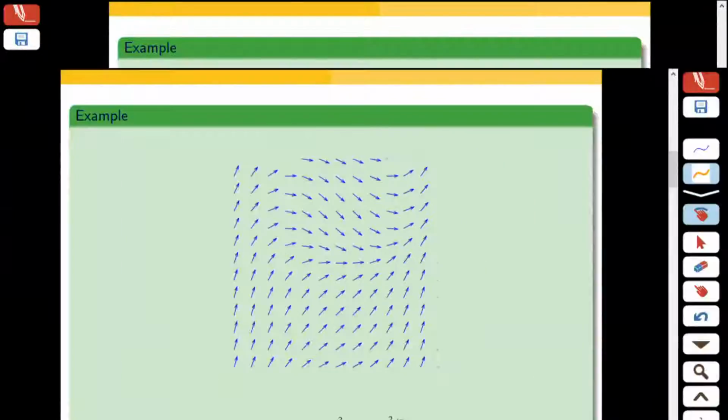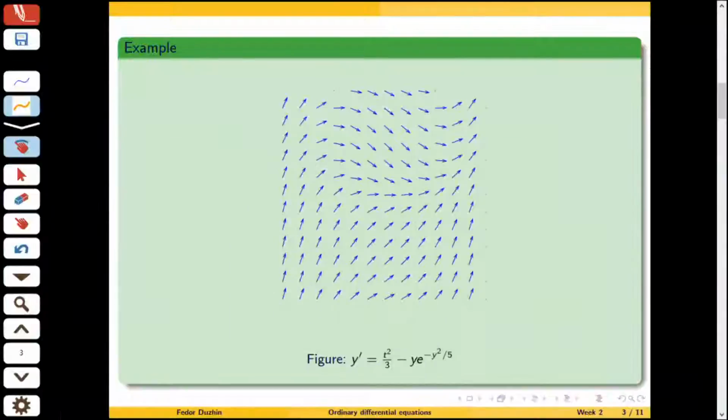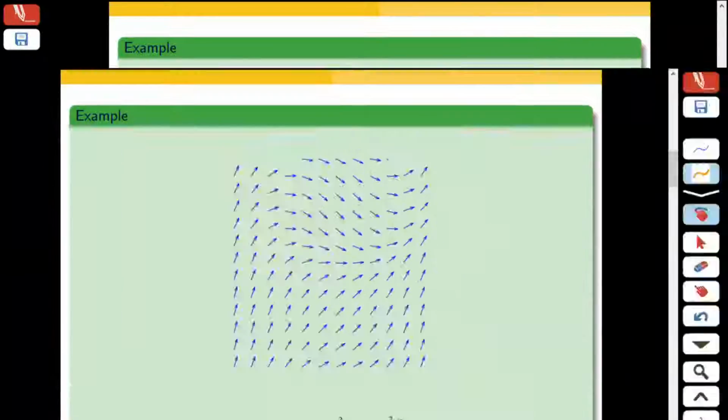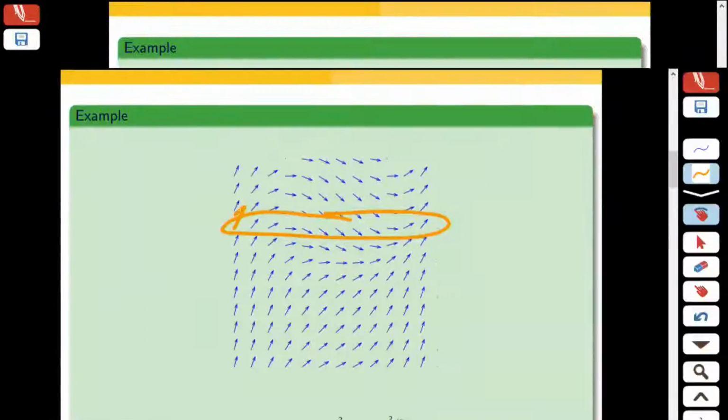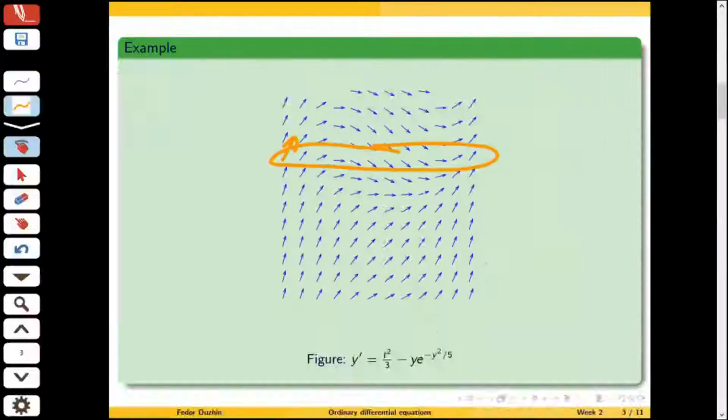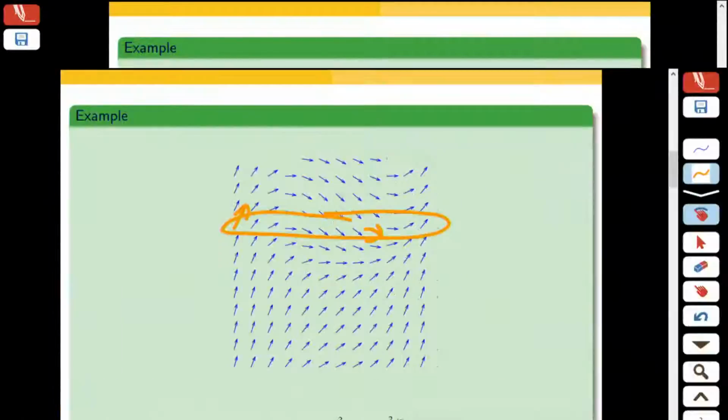Okay, and this is a vector field that is not invariant under either vertical or horizontal translation. You can see that if you take, let's say, horizontal arrows, then the arrow here points upwards, but this arrow points a bit downwards, so they're different.